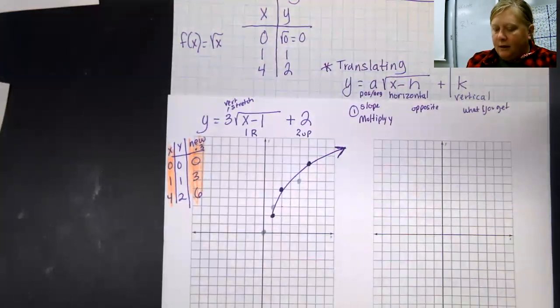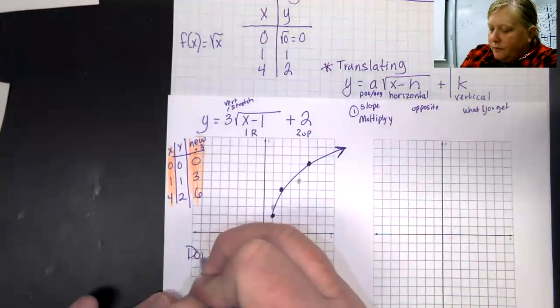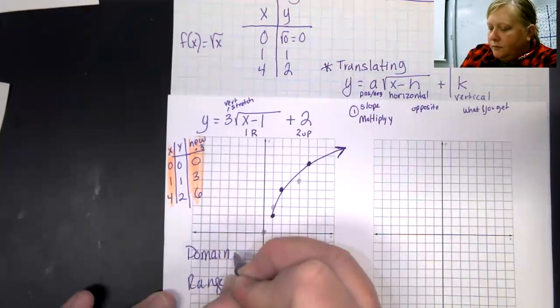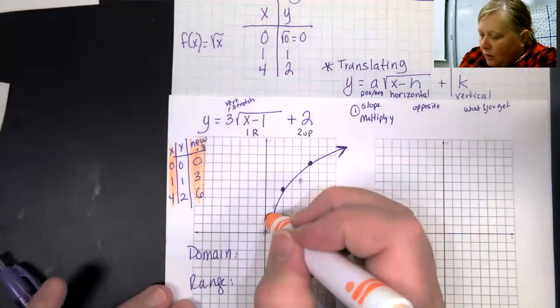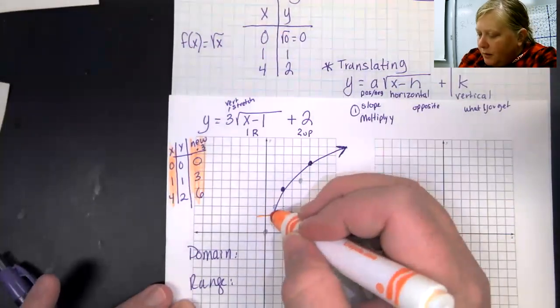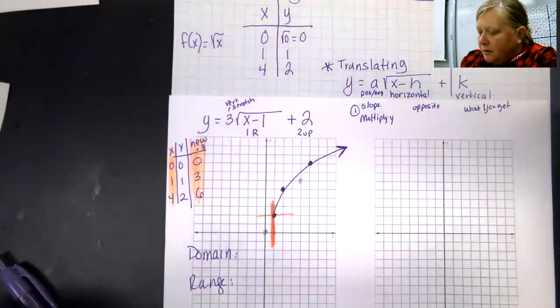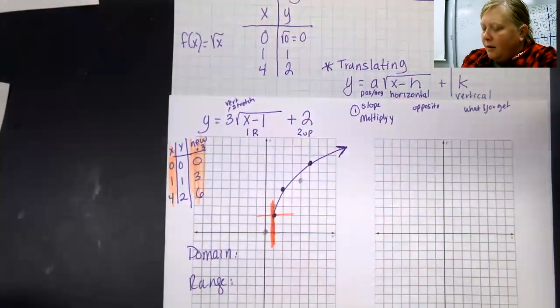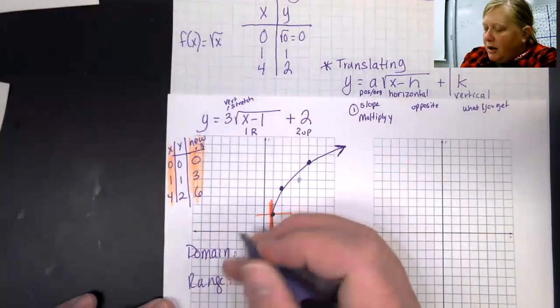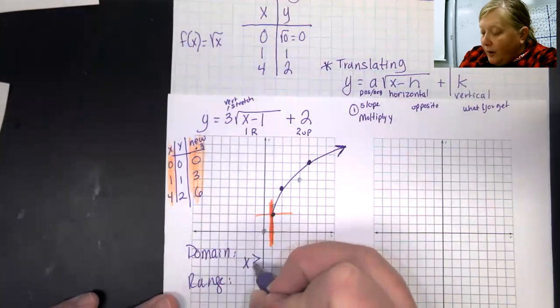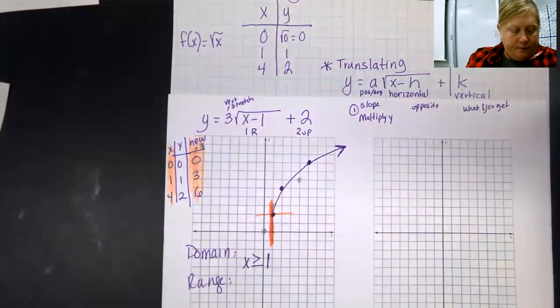Okay, let's look at domain and range. All right, domain. Where do I start? Well, it looks like I start at 1 and I go to the right. So X is greater than or equal to 1.